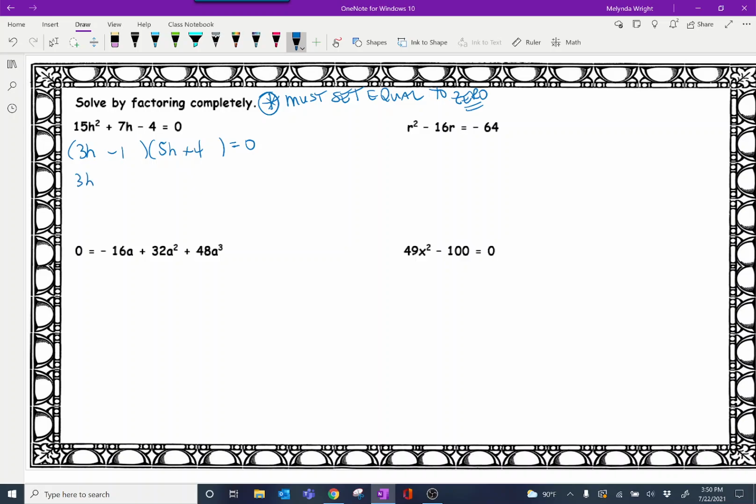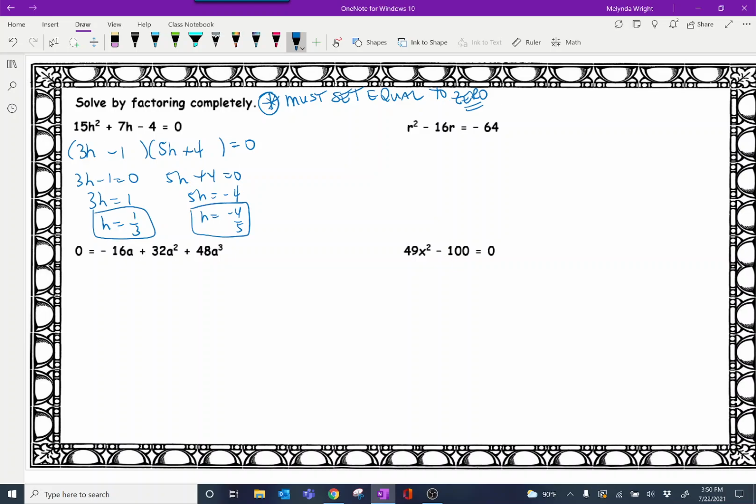We're going to say 3h minus 1 is 0, and 5h plus 4 is 0. And so we've got 3h is 1, so h is 1/3. And we've got 5h is negative 4, so h is negative 4/5. Yay. And so there's our first solve by factoring.